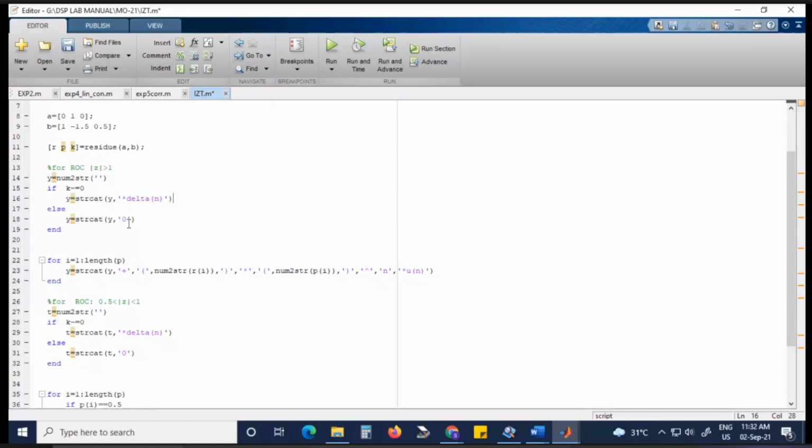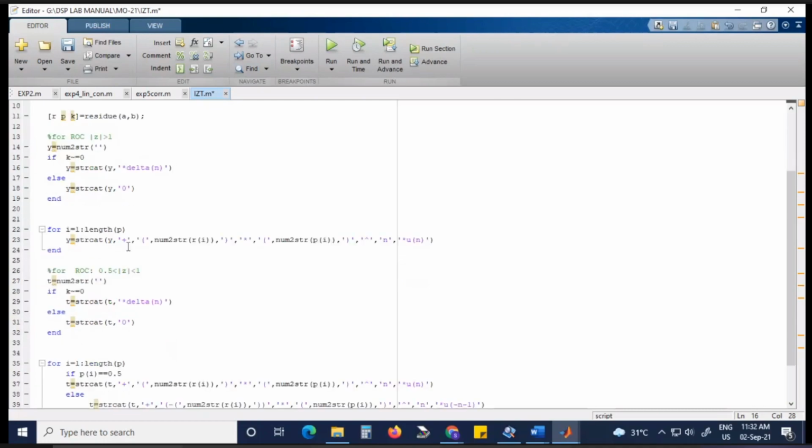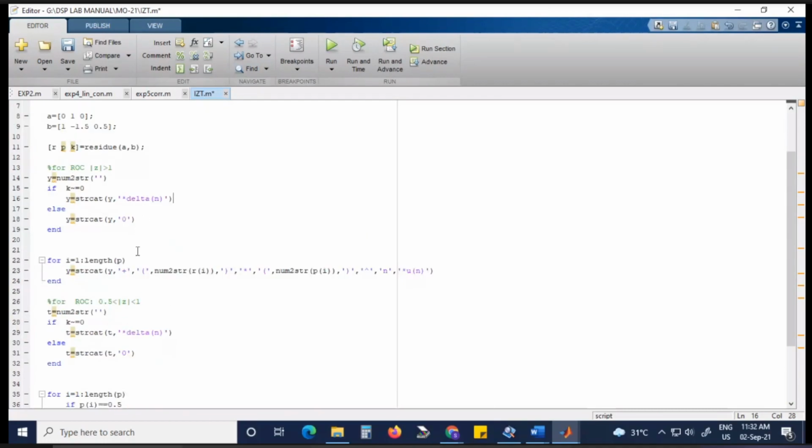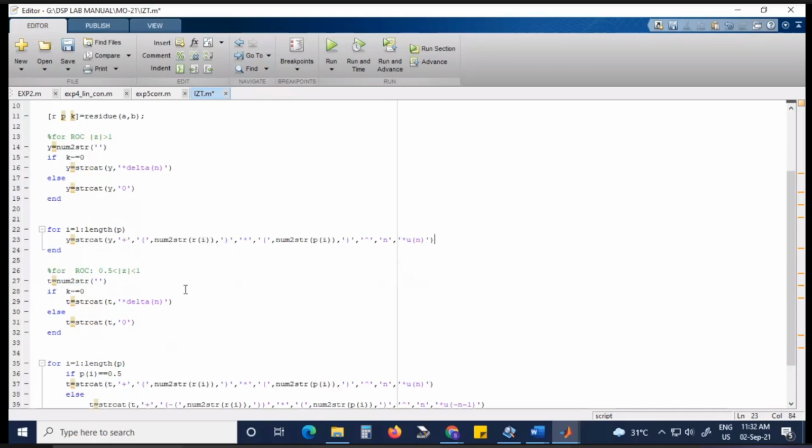Then we discussed that since poles will be created, according to the number of poles, the initial y is the delta function or it is 0, then that should be added with the constants ri multiplied with the power of the pole, p to the power n, un kind of thing. So this is the first part, that is part 1.